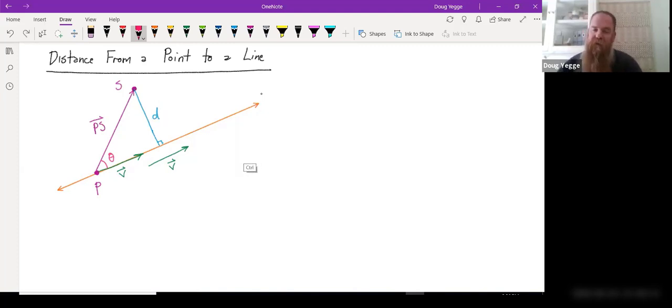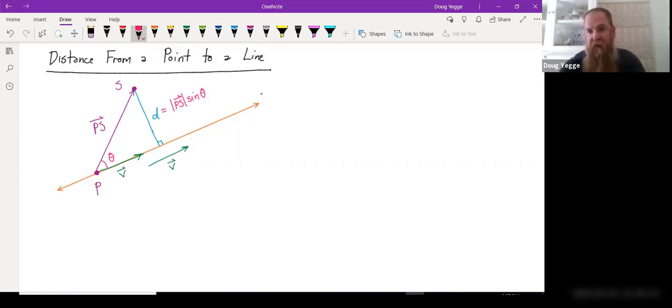Well, let's just think back to what we did with the cross product. Notice that if this right here is the hypotenuse of the triangle, then this length right here is nothing more than the magnitude of PS times sine of the angle. Just thinking back to trigonometry, the opposite side over the hypotenuse is equal to sine theta.